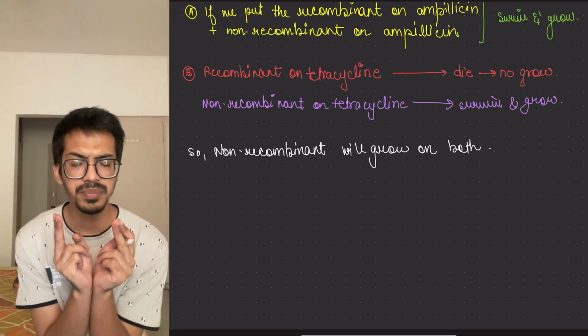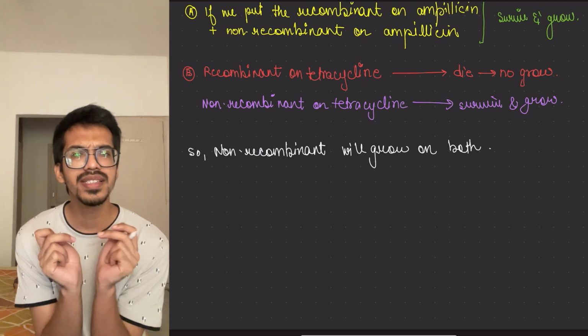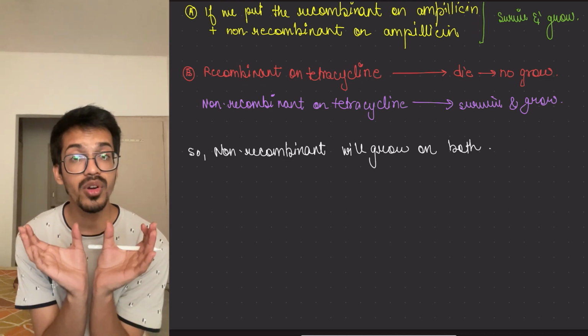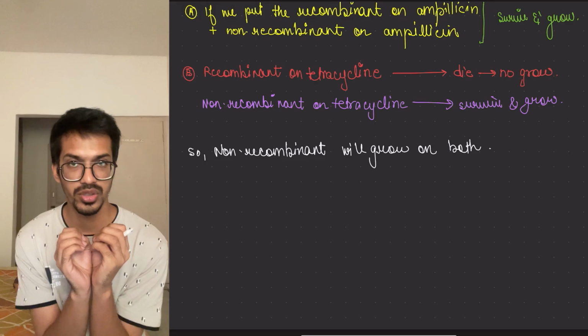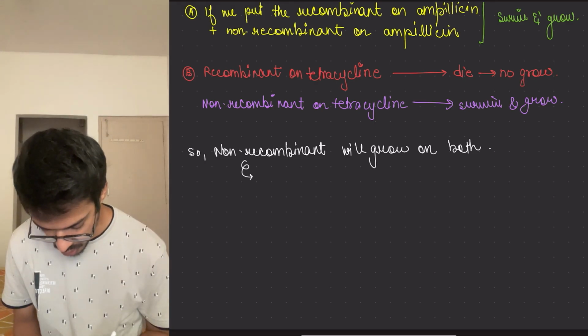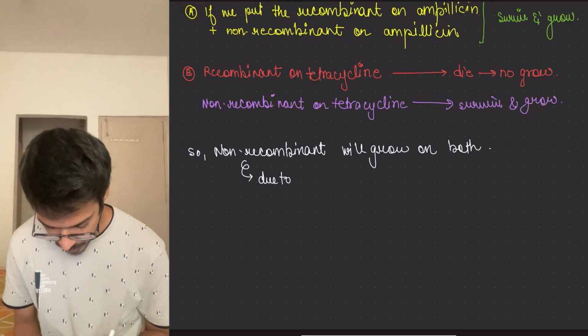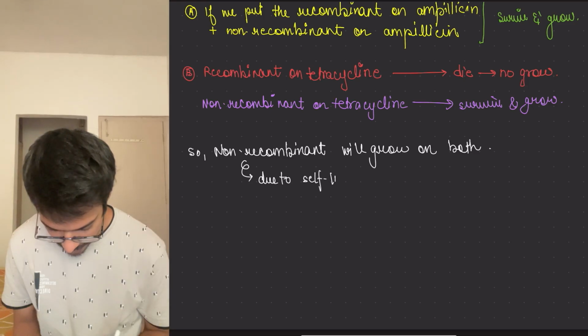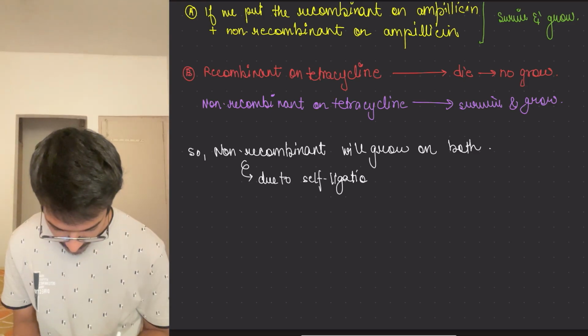When we cut the plasmid, its sticky ends are still available, so one option is that it can self-ligate. So one of the reasons could be self ligation of plasmid.